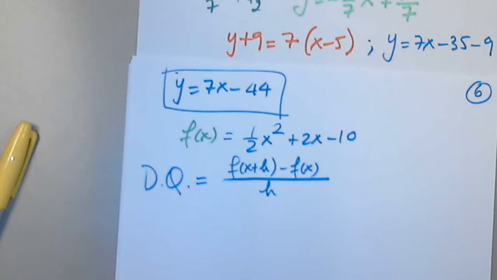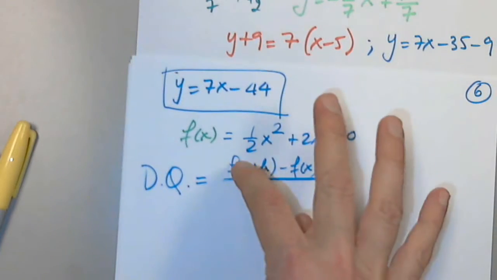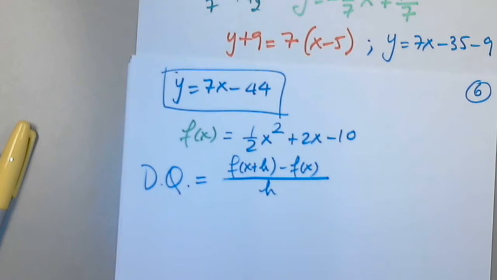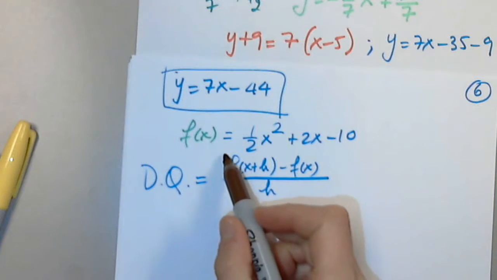Good. How many pieces do we see in the denominator? One. Very good. From the three pieces, which one needs work? Number 1, of course. So we have to work on this first.